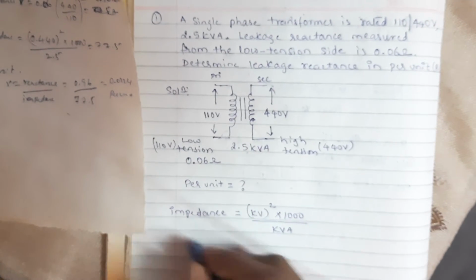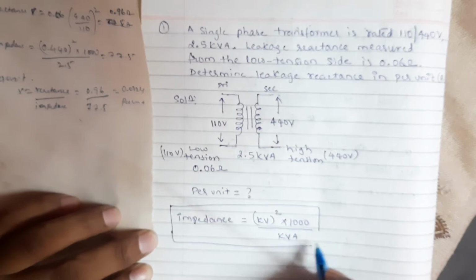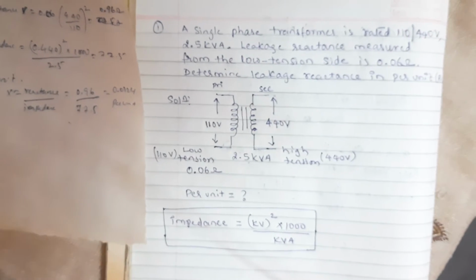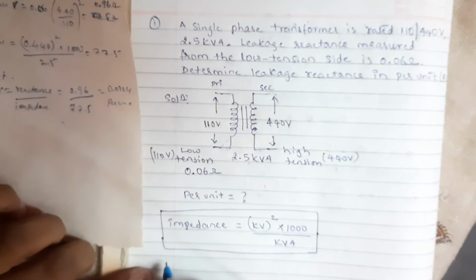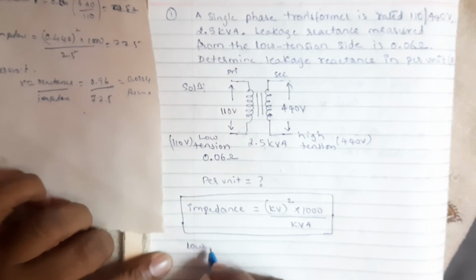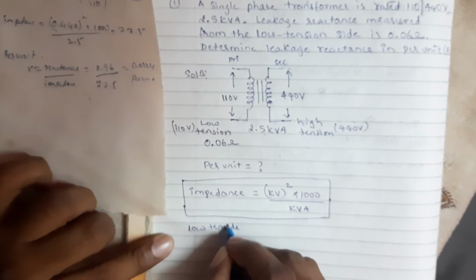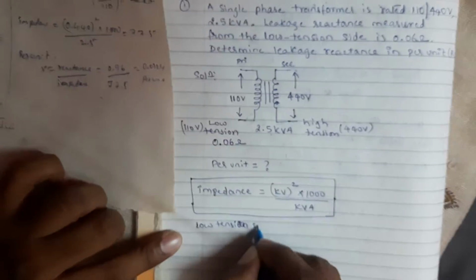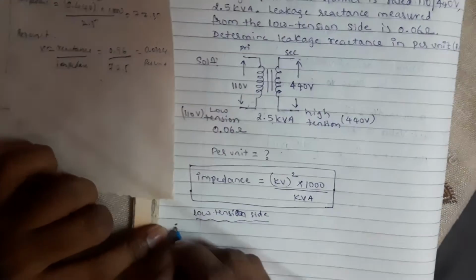This is a very important formula. For the primary side, let us go for the low tension side first.